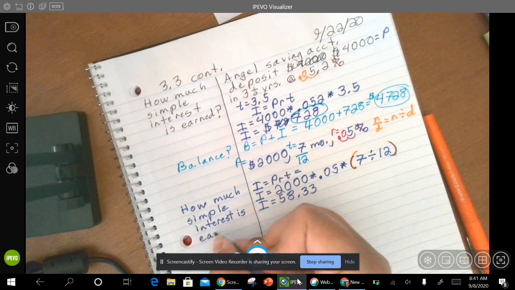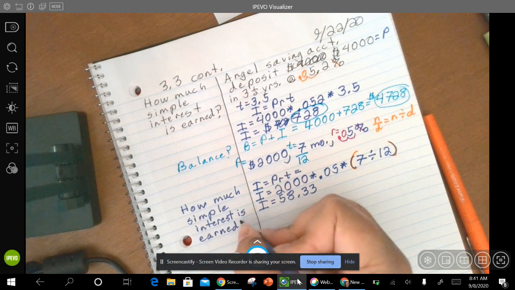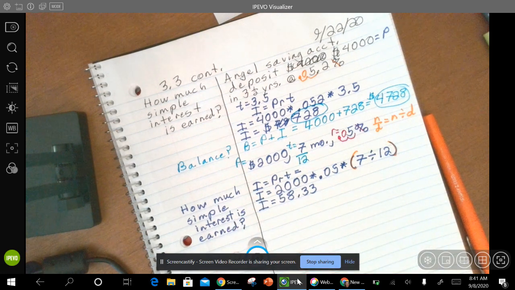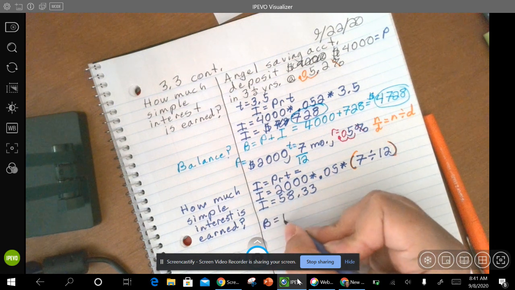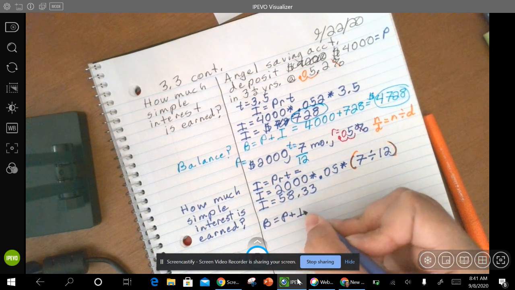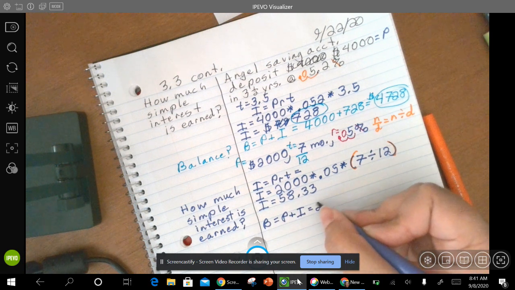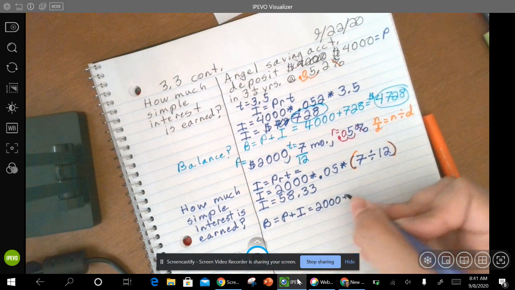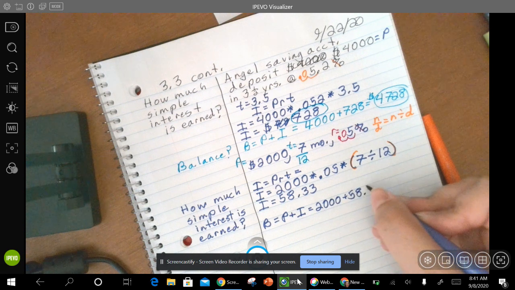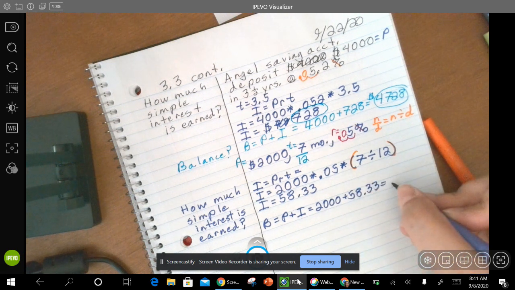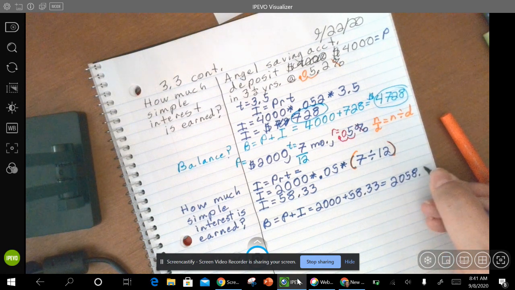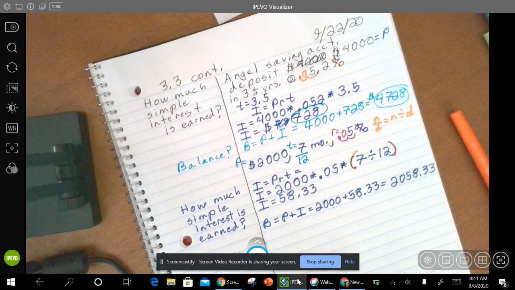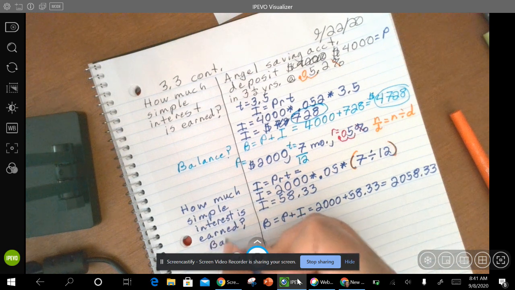Of course, if we wanted to do the balance, balance is equal to P principal plus the interest. So we just do 2,000 plus the $58.33. So we get $2,058.33. So that would be for the balance.